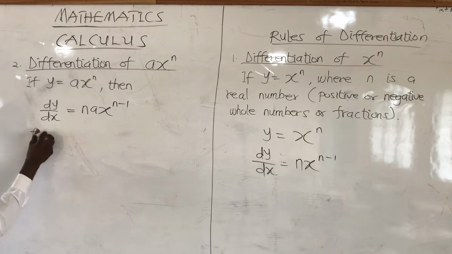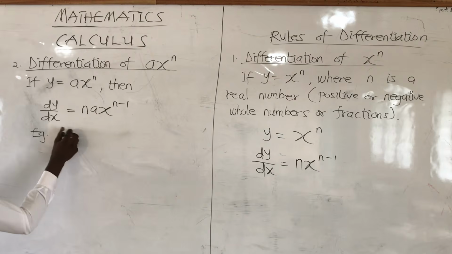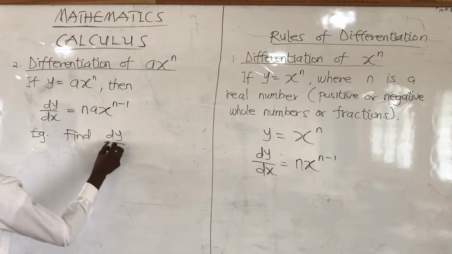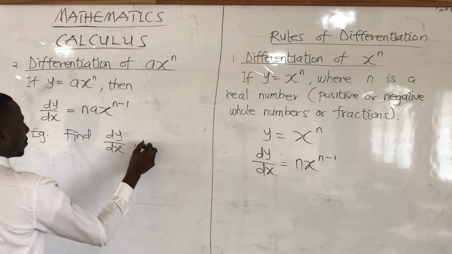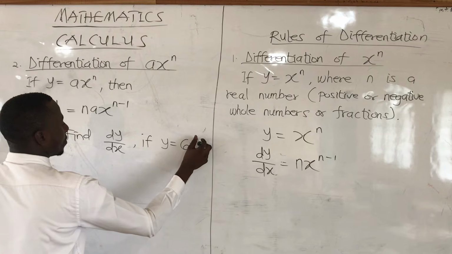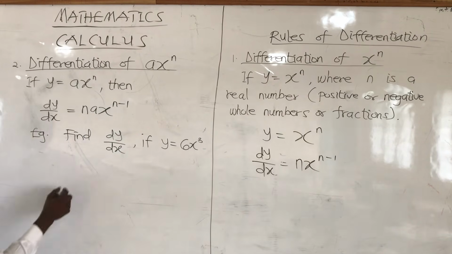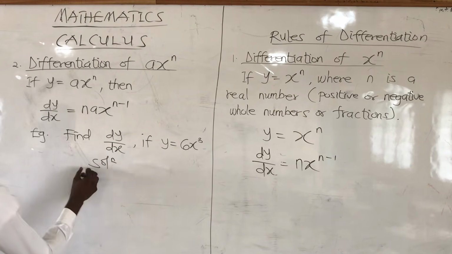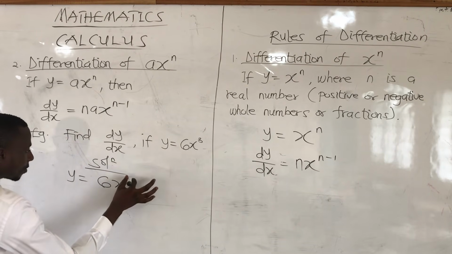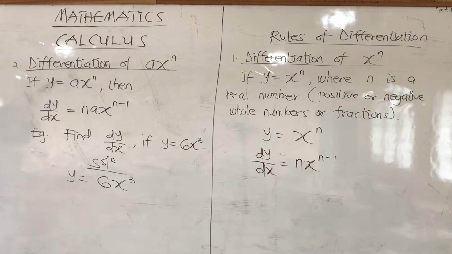Let's look at an example. Find dy over dx if y is equal to 6x cubed.